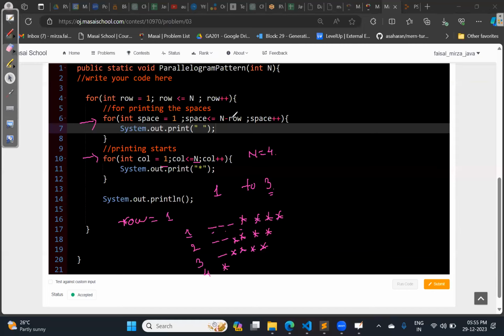Why? For the last one, tell me, n minus row, what will be the value of row? It equals n minus n, 4 minus 4, 0. Now tell me, for the last condition, will this for loop work?